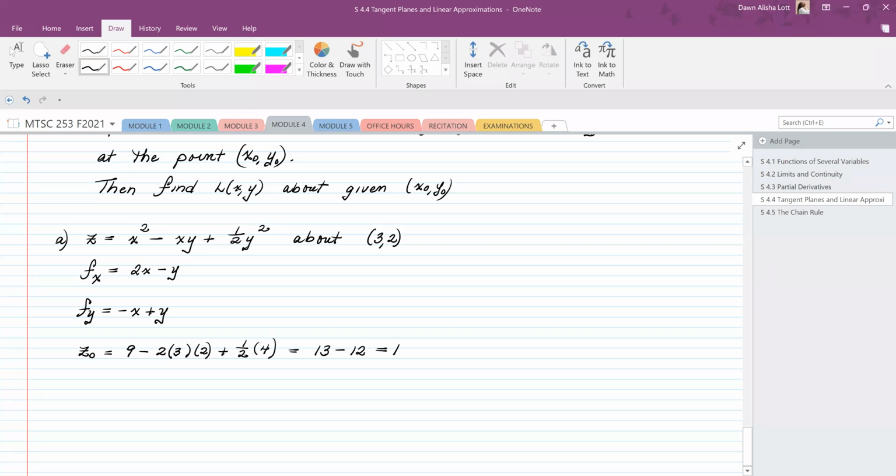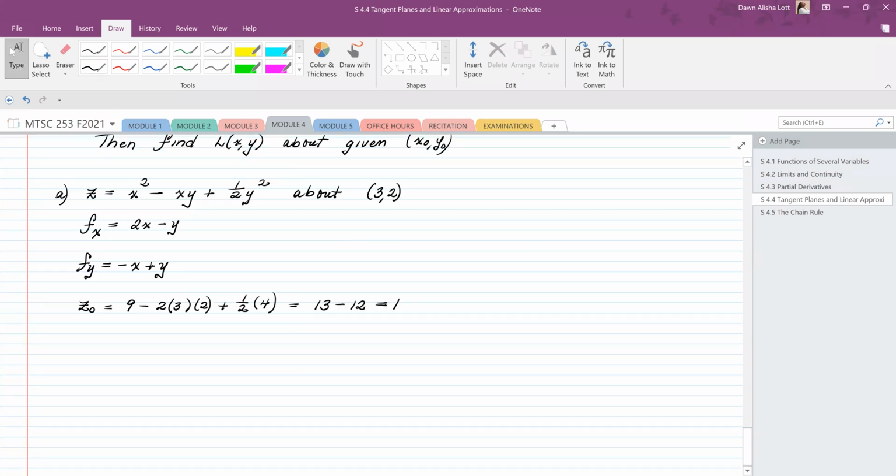Okay. Wait, so for the z naught, where did you get the 2 times 3 times 2 again? Okay, so I put in 3 for x. So that gave me x squared minus, oh, there's no 2. Wait a minute. Okay, because I'm looking at the second function of my example. Sorry.